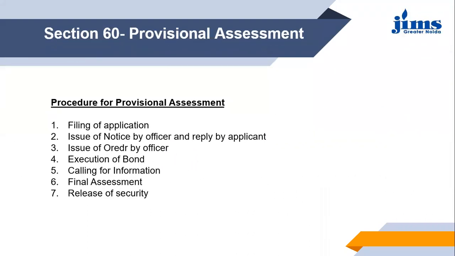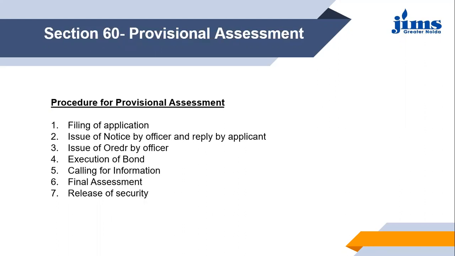Then we'll move ahead with the procedure that needs to be followed for the provisional assessment. Now, the procedure says that first is the filing of application. Every registered person requesting for the payment of tax on a provisional basis shall furnish an application along with the documents, whatever documents are required in support of the request.